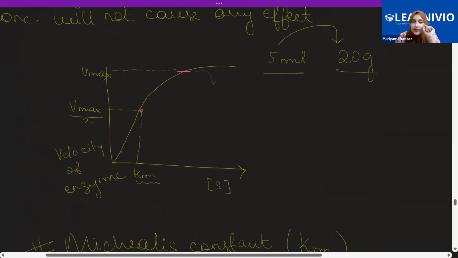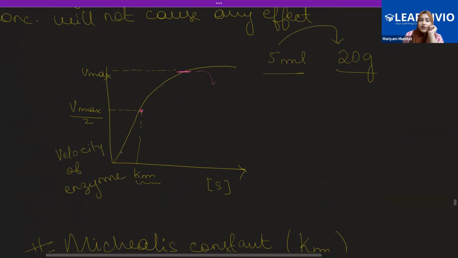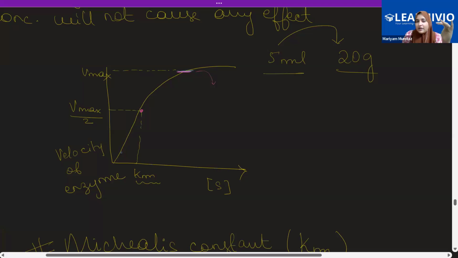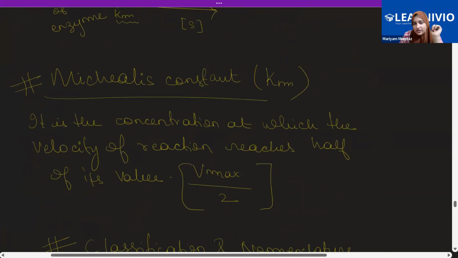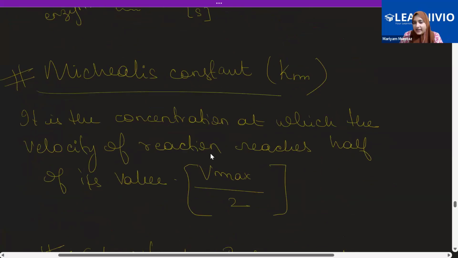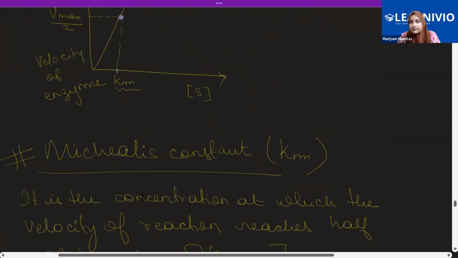The point at which the velocity of the enzyme reaches half of its maximum value is called the Michaelis constant, Km. It is the substrate concentration at which the velocity of the reaction reaches half of its maximum value. Clear?